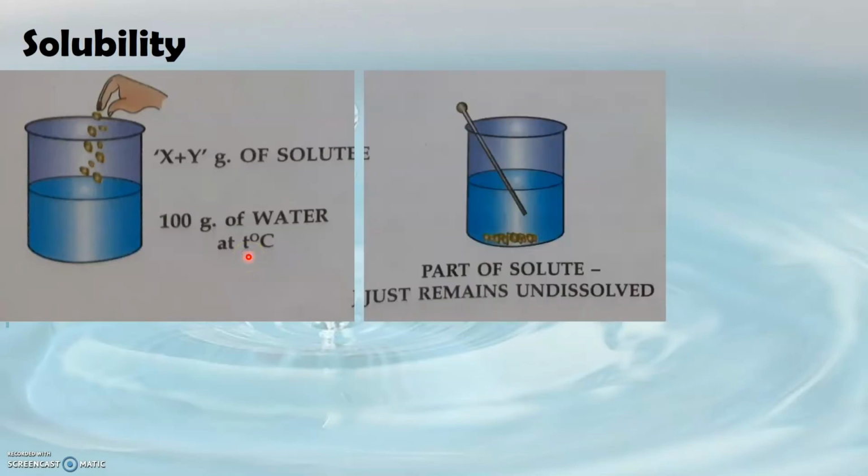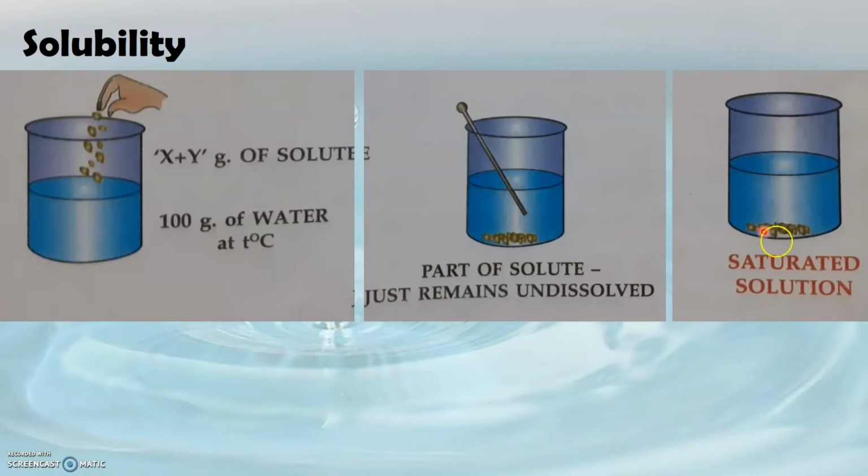After stirring and mixing it well, we observe that a part of the solute remains undissolved at the bottom of the beaker. This means this part of the solute has not dissolved in the solvent even after mixing well. Therefore, this solution that we obtain is called a saturated solution.